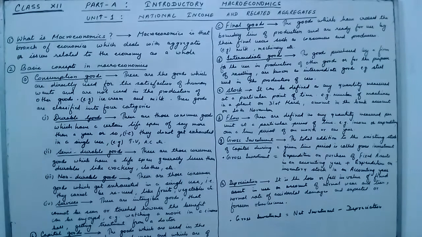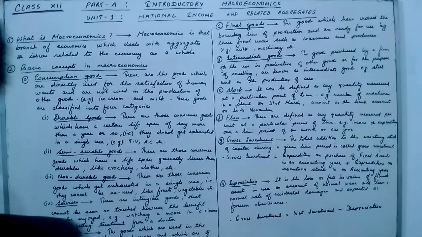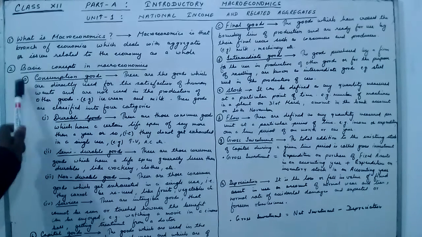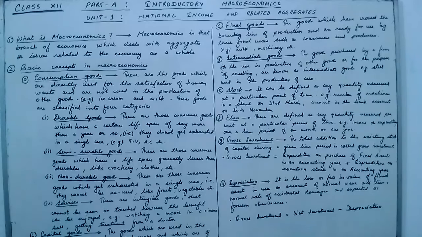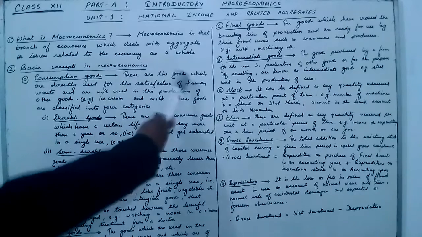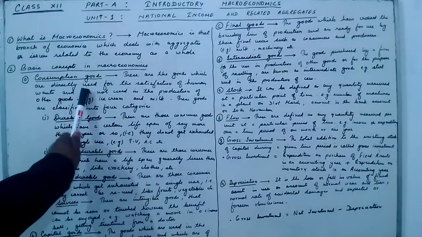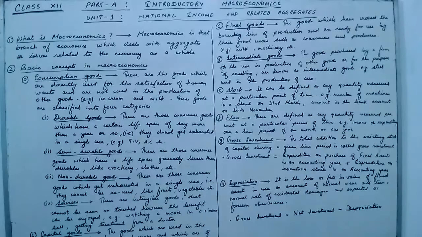Now the second topic is on the basic concepts in macroeconomics. So what are the basic concepts in macroeconomics? First is consumption goods. Consumption goods are goods which are directly used for the satisfaction of human wants and are not used in the production of other goods.